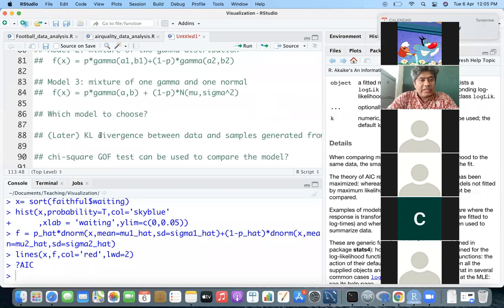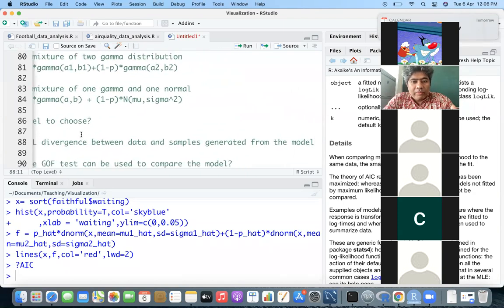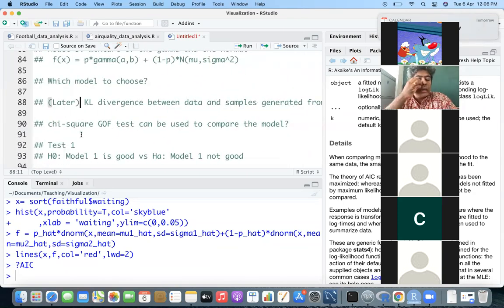Ayush suggested this method: KL divergence between the data and samples generated from the model. This is a little bit less practiced method. My feeling is it will behave somewhat similar to AIC, but it's a legitimate approach that we can definitely try out.